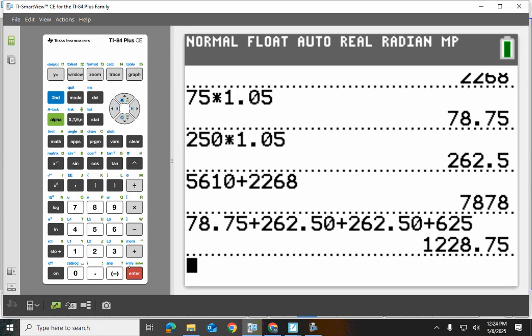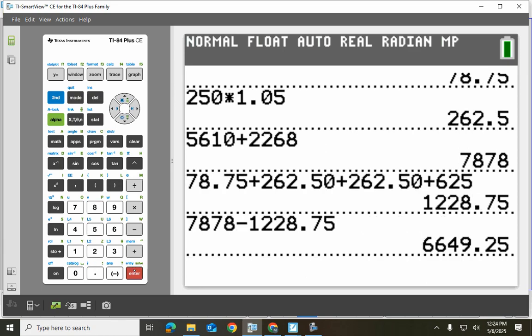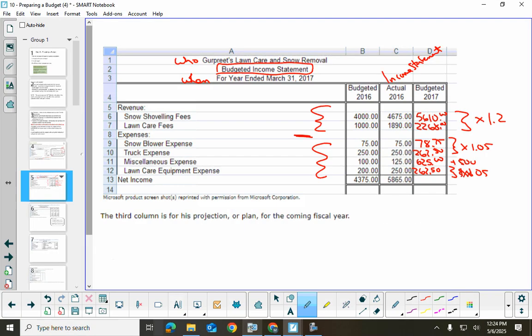So I'm going to go 7878 minus the 1228.75. You get 6649.25. So 6649.25. So that is his budgeted net income.